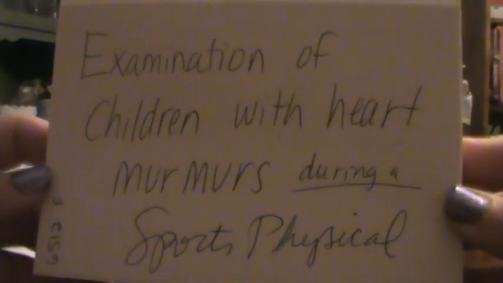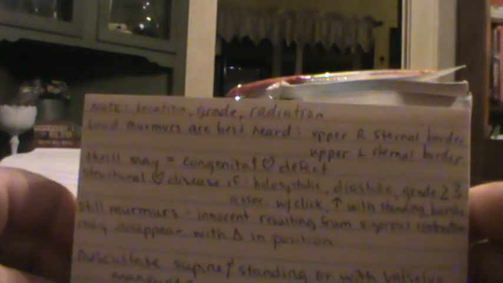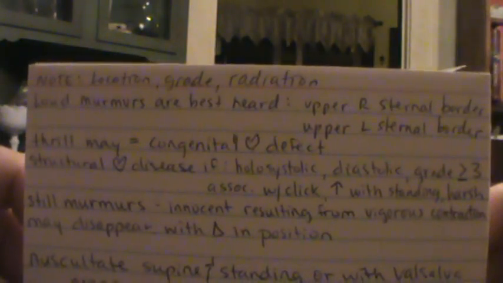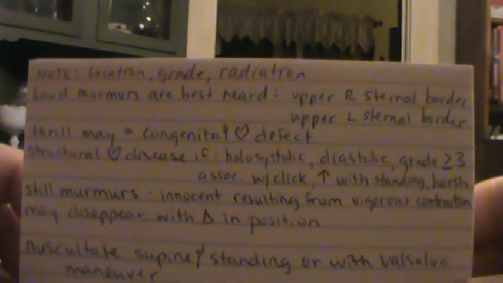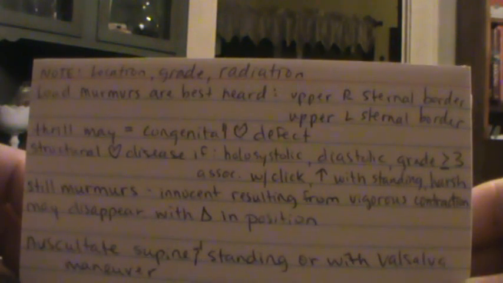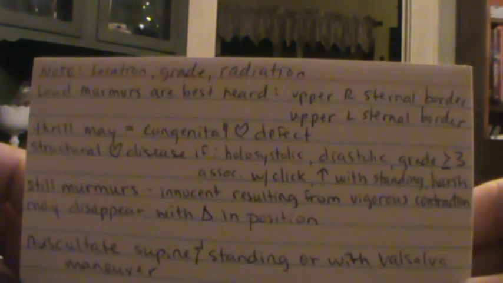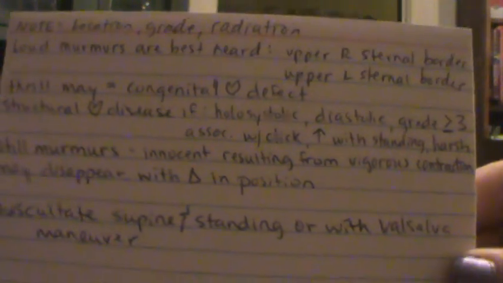Alright, so examination of children with heart murmurs during a sports physical. What do you need to know? First of all, we need to note the location, the grade, and the radiation of the murmur. We need to know that loud murmurs are best heard in the upper right sternal border or the upper left sternal border. A thrill may indicate a congenital heart defect.